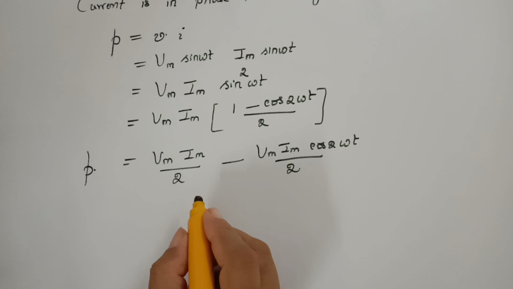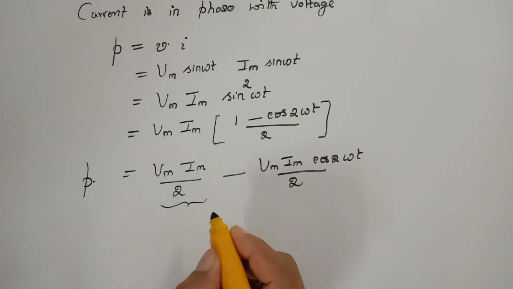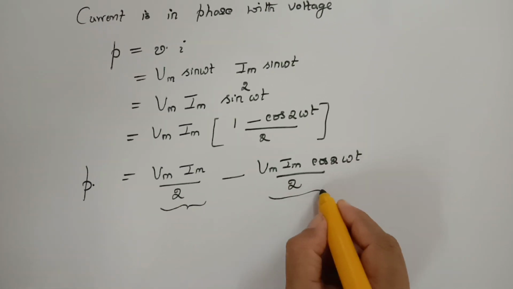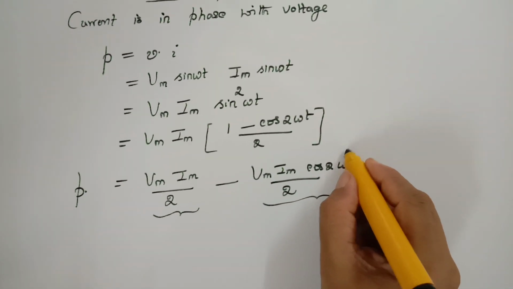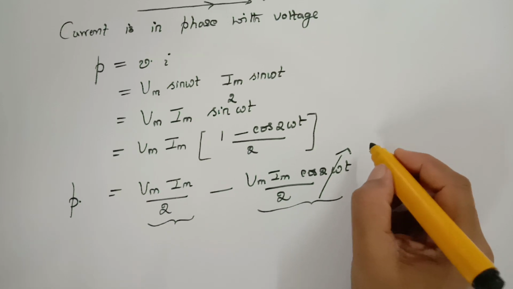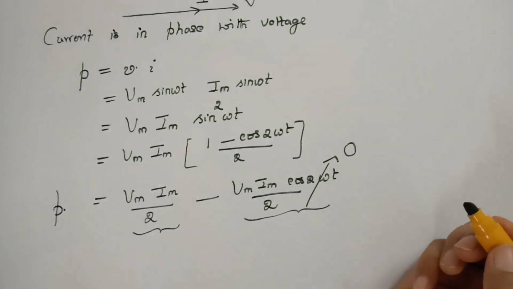If you look at both the terms, one is Vm Im by 2 and the other is Vm Im cos 2 omega t by 2. This term is periodically varying, whose average value over a period of time is 0.